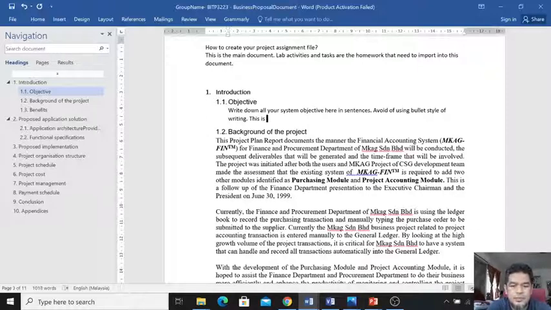This is a project proposal report, as the readers are likely laymen and businessmen.